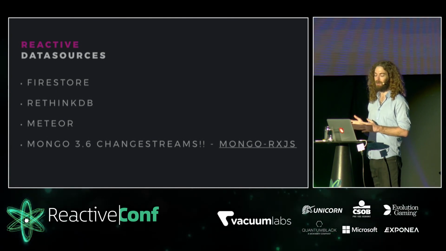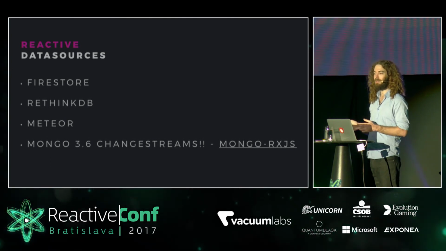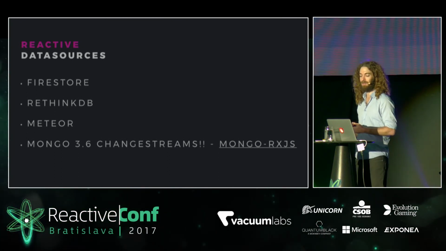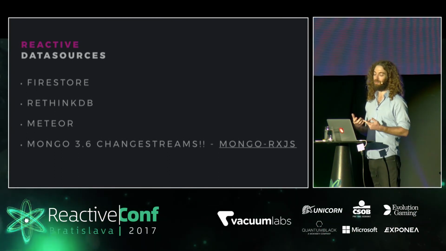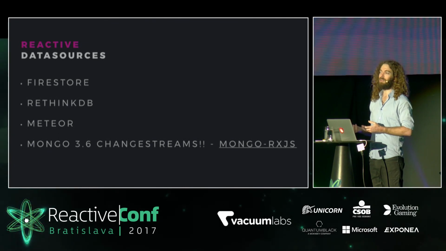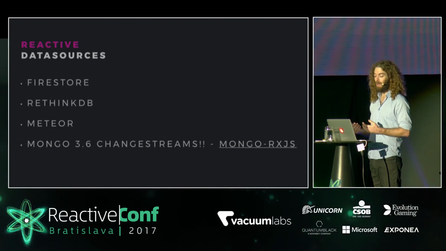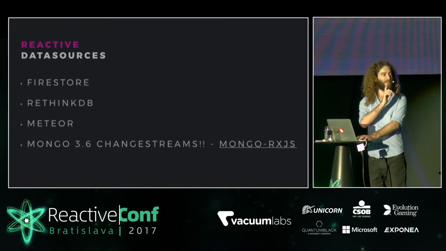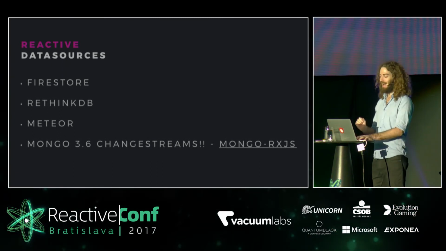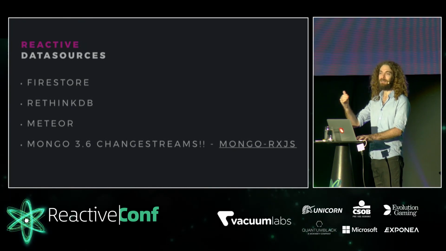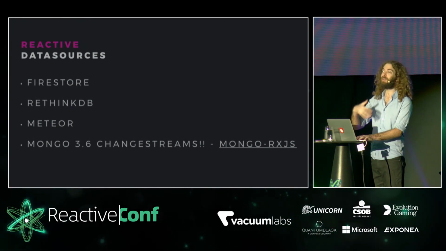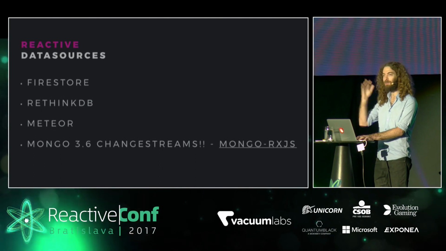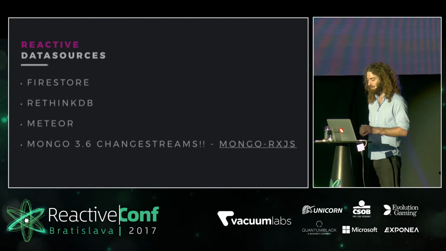It was published two weeks ago, and this weekend I wrote a library for this talk called Mongo Rxjs, which you can use now, and it's under my GitHub. I'm finishing in one minute, I promise. You can use it today, which means that if you use Mongo today, you can also get live queries. You don't need to move into different things.